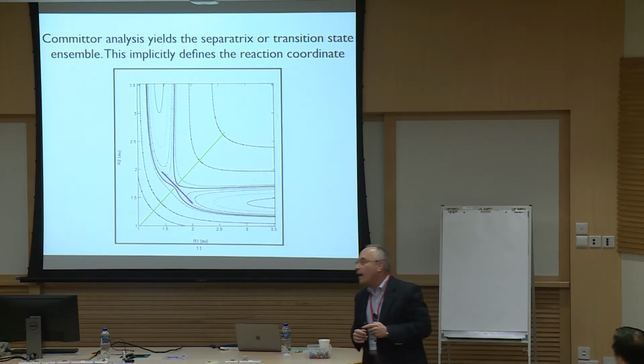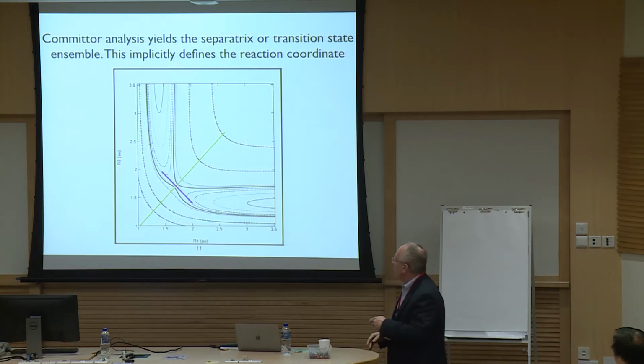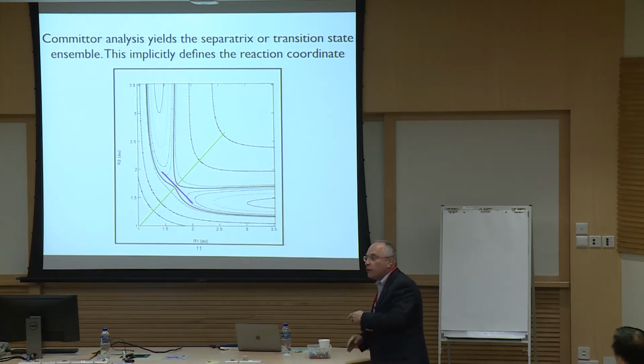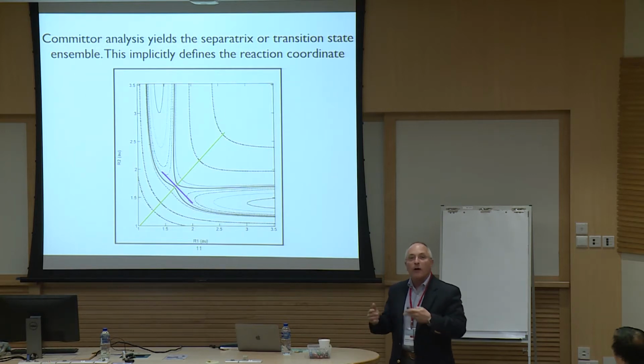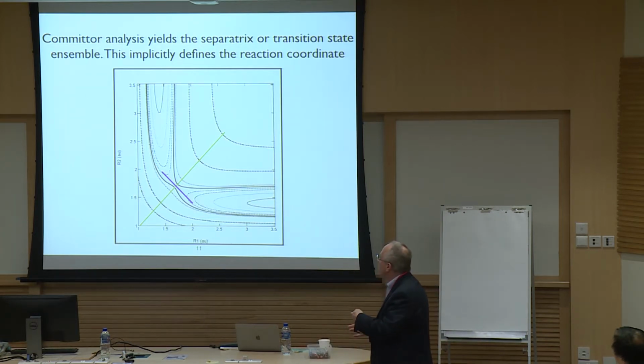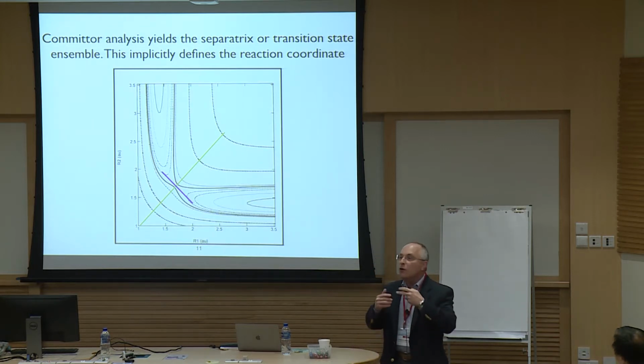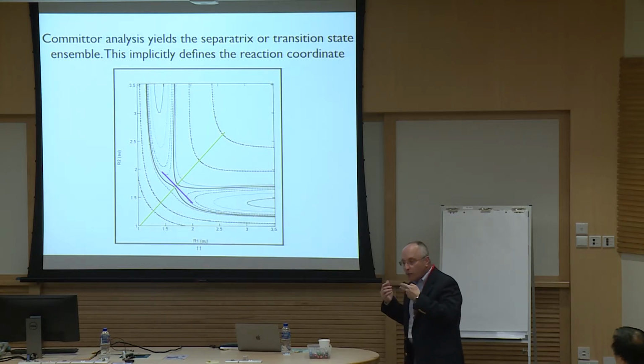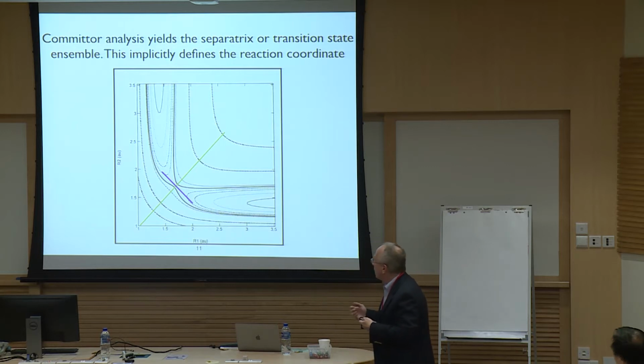If you've chosen the reaction coordinate correctly, then you will continue to stay on this separatrix. And if you now relax those constraints and reinitiate trajectories, you should still get a probability distribution which is strongly peaked about 1/2 to go forward to products or backward to reactants. So this is a way of testing whether your assumption about a reaction coordinate is in fact correct.